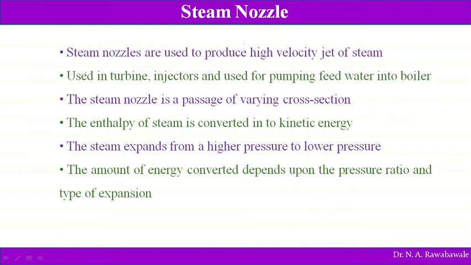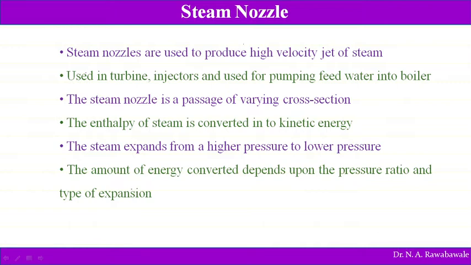The steam nozzle is a passage of varying cross section by means of which a part of the enthalpy of steam is converted into kinetic energy as the steam expands from a high pressure to a lower pressure. The amount of energy so converted depends upon the pressure ratio and type of expansion.